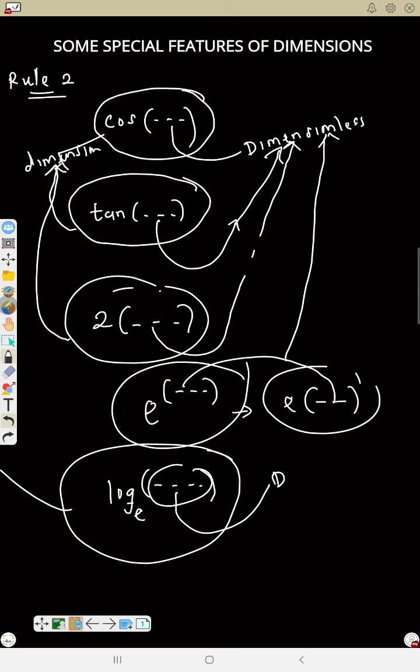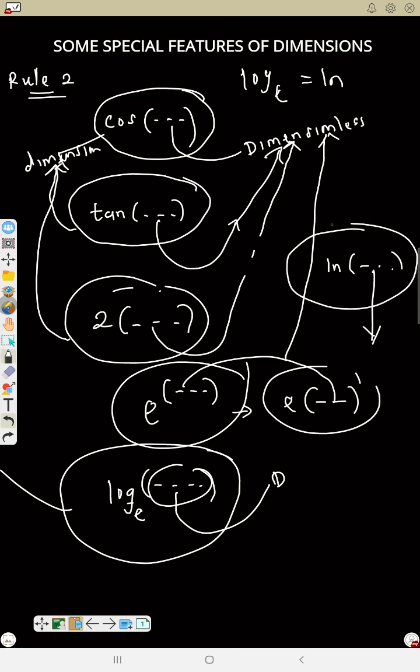Now take note of all this. We are going to use them in examples to understand better. You know that log base e is the same thing as ln. So if you have ln, anything inside the ln is dimensionless, and the whole ln is also dimensionless.